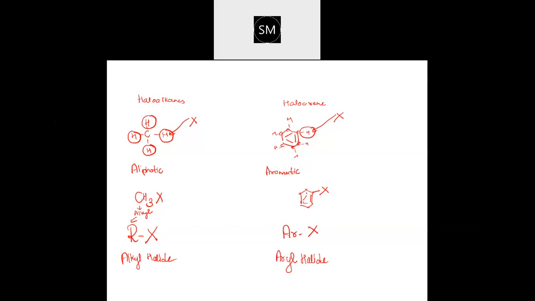Then we had classification. The first type of classification was depending on the number of halogen atoms present. If one hydrogen is replaced by one halogen, one X I'm writing, then that is monohaloalkanes, monohaloarenes. You know that. You can just refer to your book.